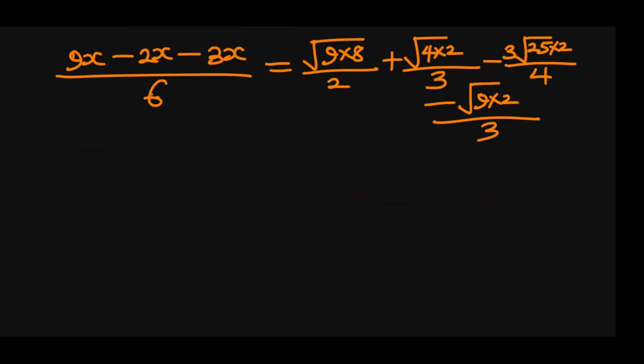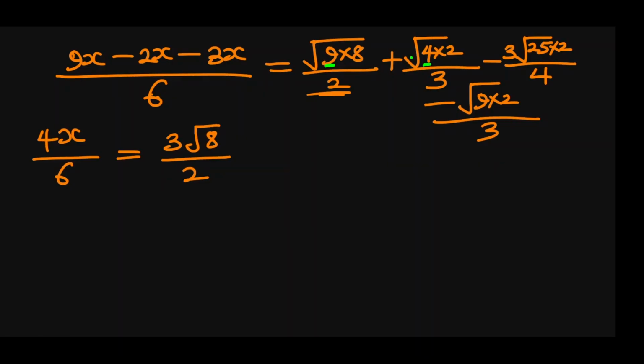So this now gives us 9x minus 2x is 7x. 7x minus 3x is 4x. So on this side we have 4x over 6 is equal to root 9 times 8. The root of 9 is 3, so 3 comes out and leaves only 8 inside. So we have 3 root 8 over 2 for this first one. For the second one, root of 4 is 2, so 2 comes out and leaves 2 in the root.